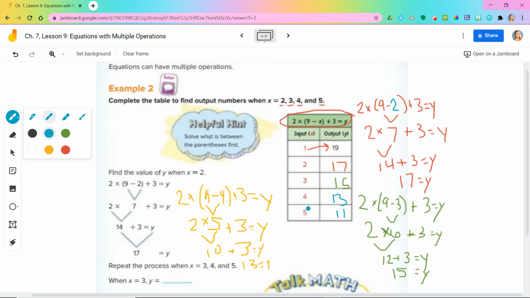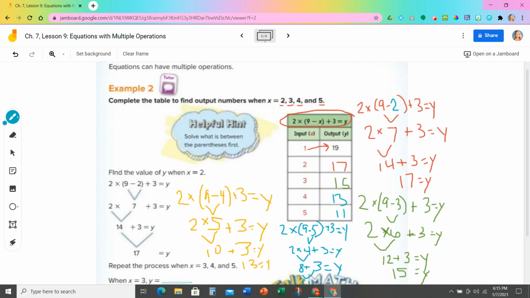So now let's check this last input of 5. 2 times (9 minus 5) plus 3 equals y. 9 minus 5 goes first because it is in parentheses. 2 times 4 plus 3 equals y. 2 times 4 goes next because it is multiplication. 8 plus 3 is 11.